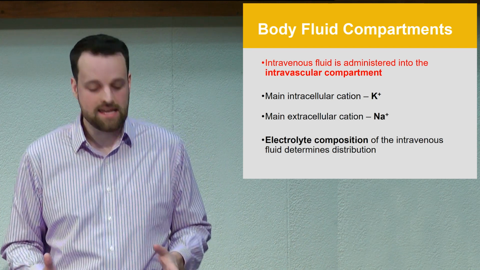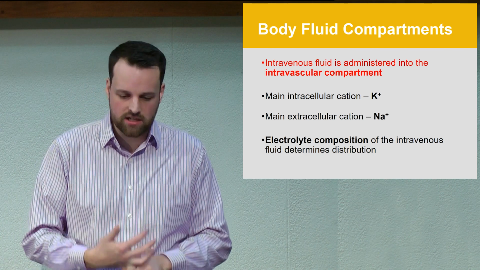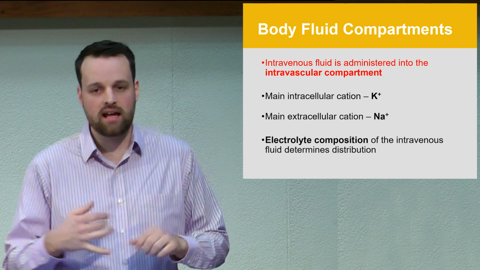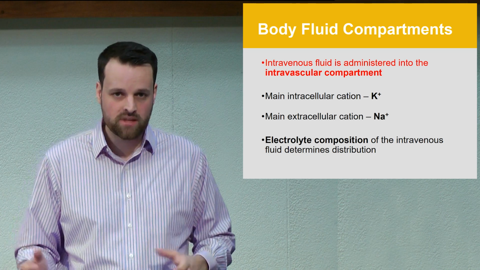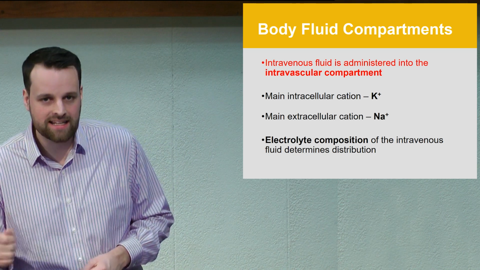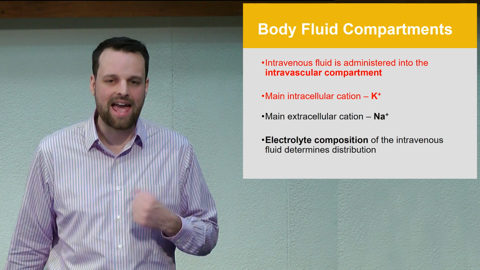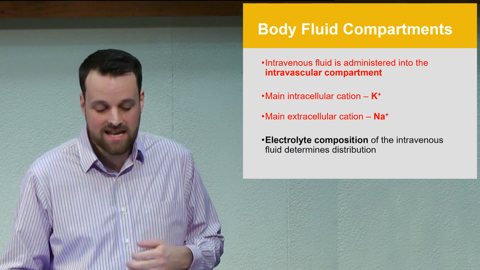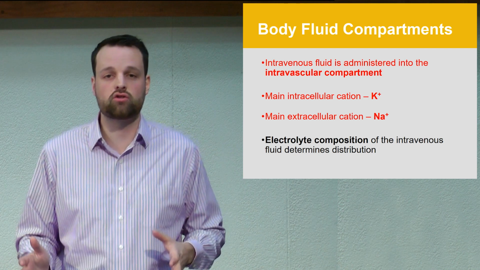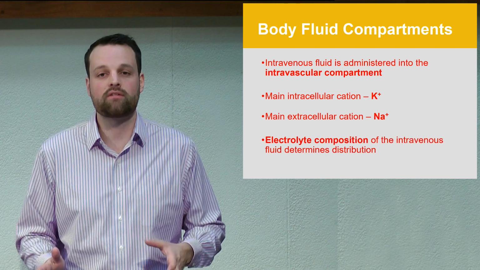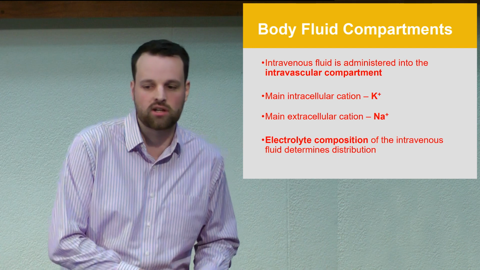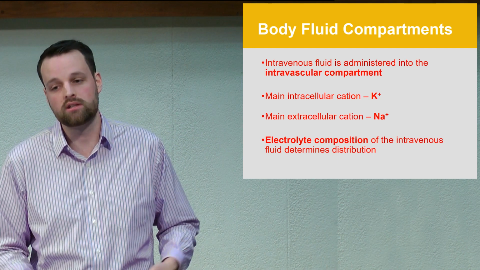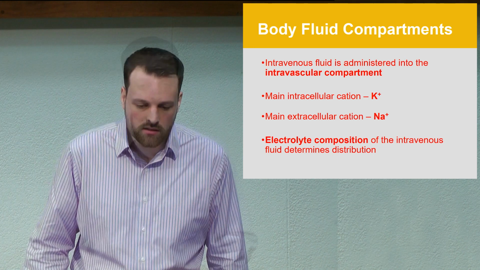It's the fluid's makeup. So the electrolyte composition of the intracellular and extracellular fluid will vary. Intracellularly, the main cation is potassium, and extracellularly, the main cation is sodium. And the makeup of the different types of intravenous fluid will depend on whether that fluid stays in the vasculature, moves out into the interstitial fluid, or moves into the cells.